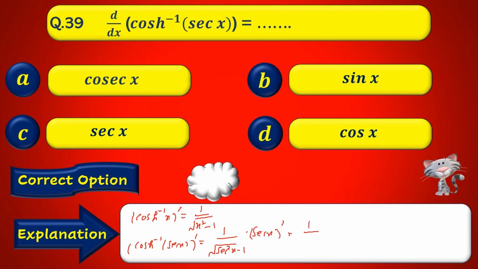We know that secant square x minus 1 is tan square x according to the trigonometric identity, and the derivative of secant x is secant x tangent x. So after taking the square root, we are left with tan x in the denominator into secant x tangent x. Cancel out tangent x and the answer is secant x. Therefore, the correct option is C.